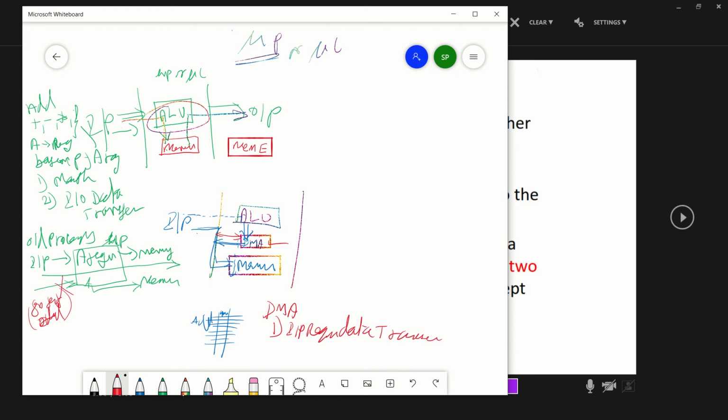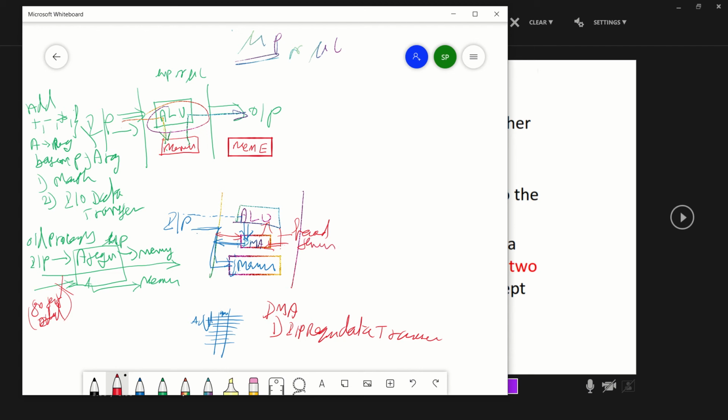Again, it is going to send the request to the ALU. It may give the permission for data transfer, that is hold signal and hold acknowledgement. Those are the two things, the proper handshaking.